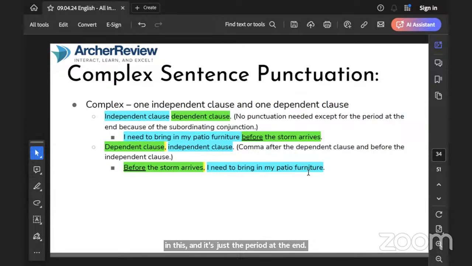But if the dependent clause comes first, you have to put the comma after the dependent clause ends before the independent clause begins. Okay? Any question on complex sentences? So if they're complex, there's more to them, so you got one of each.